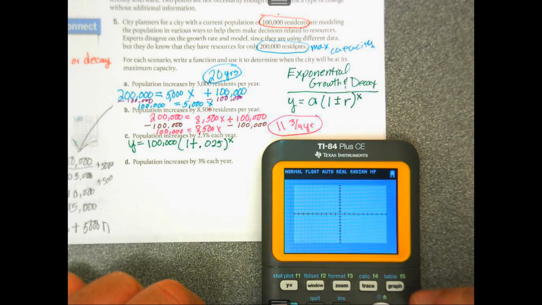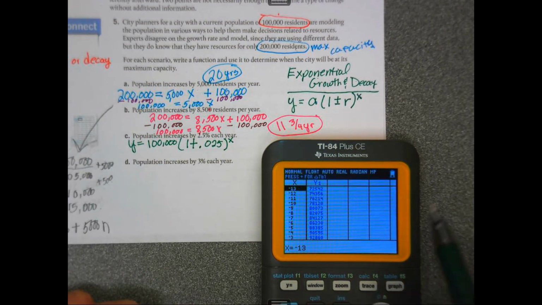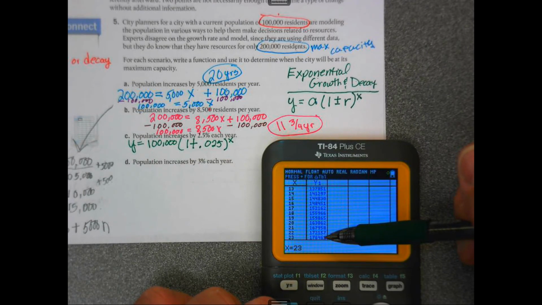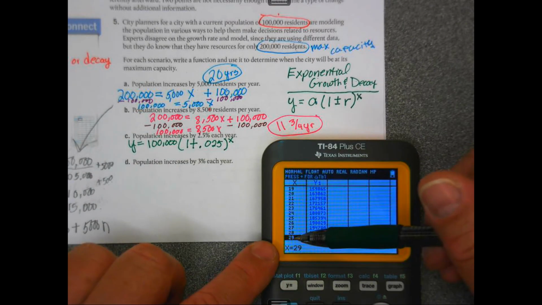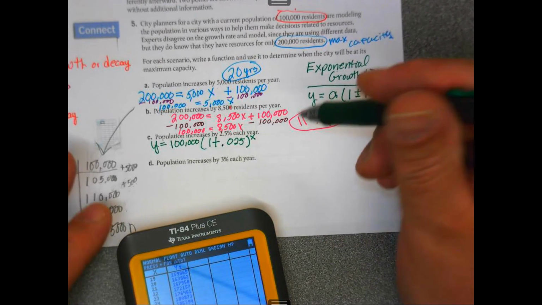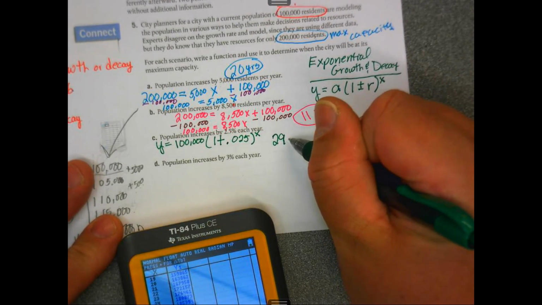So I'm going to go to our table, second graph, and look for that 200,000 for my y. Remember, y equals 200,000. Scroll down until I get to the 200,000. It's got to be at least 200,000. So it's going to be when my X is 29. So in other words, 29 years.